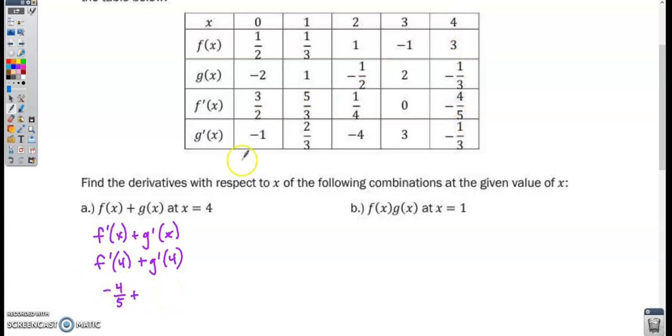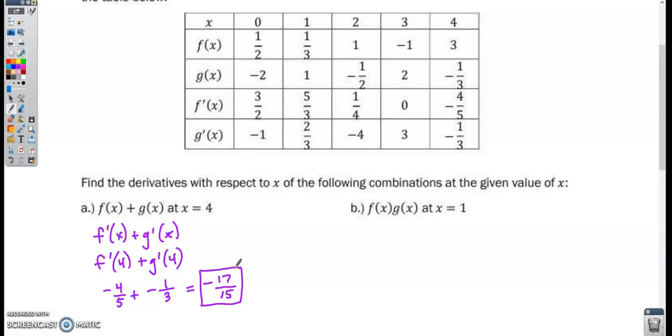And g prime of 4 is negative 1/3. And so we're going to go ahead and add those two together, and we get, let's see, that's 15ths, negative 12/15 and negative 5/15, that's negative 17/15. Or for those of you who like decimals, negative 1.13 with the 3 repeating.